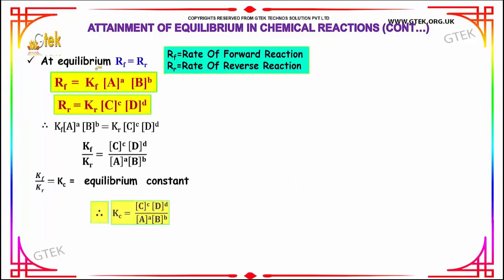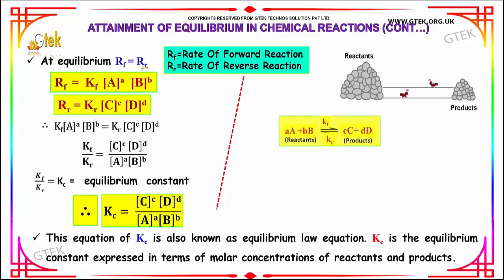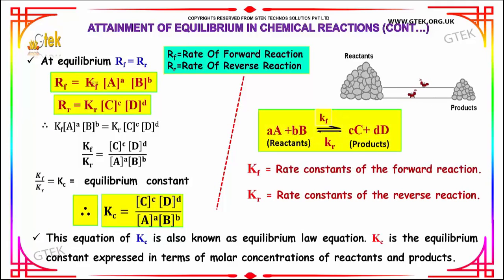At equilibrium, Rf is equal to Rr. So Rf = Kf [A]^a [B]^b and Rr = Kr [C]^c [D]^d. At equilibrium, the forward reaction rate is equal to the reverse reaction rate. So Kf/Kr = [C]^c [D]^d / ([A]^a [B]^b]).